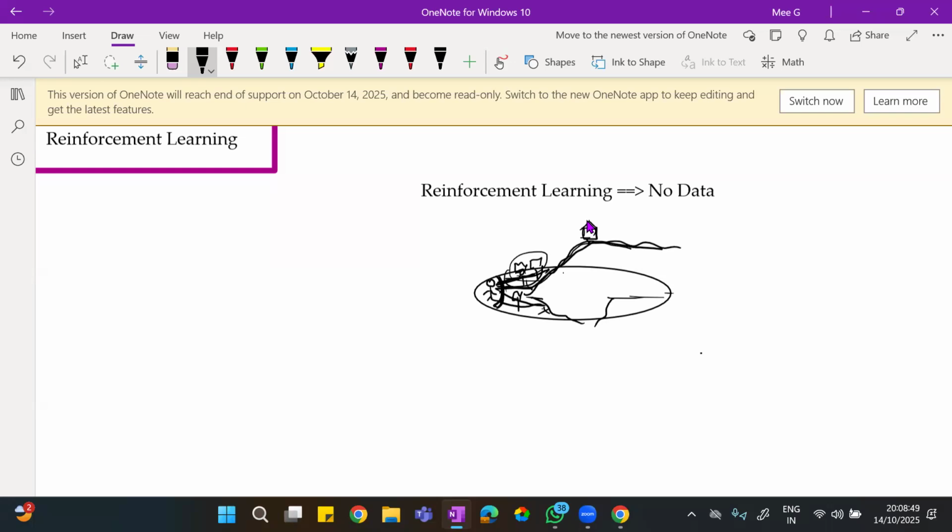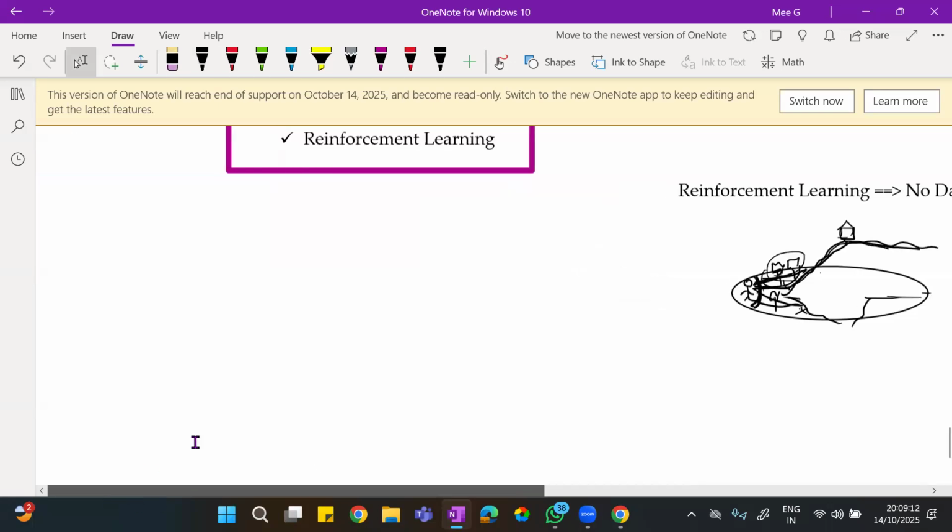But once they are very mature, we can use it. Then there is no need for human involvement for data. You don't need data. The model will learn by itself. And then you will be directly in artificial general intelligence, which is the next level of intelligence. Okay, so I hope you got it.